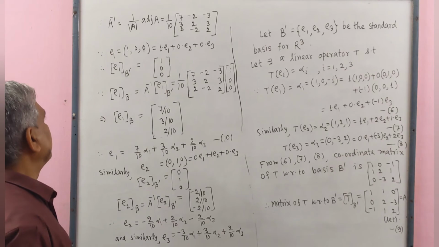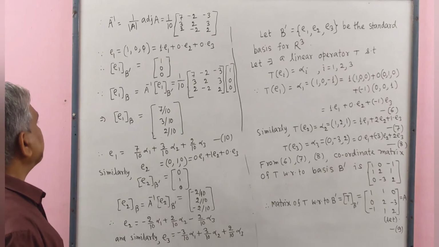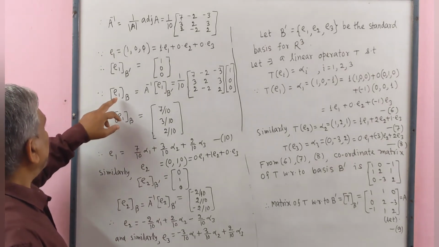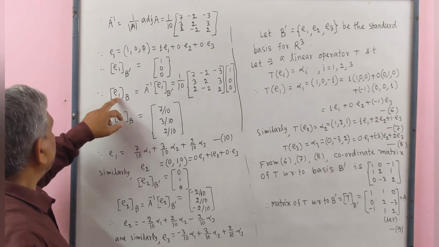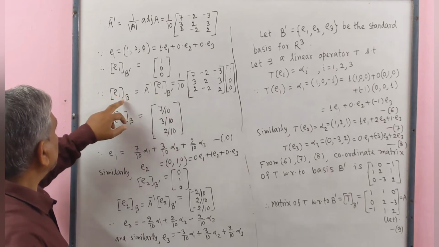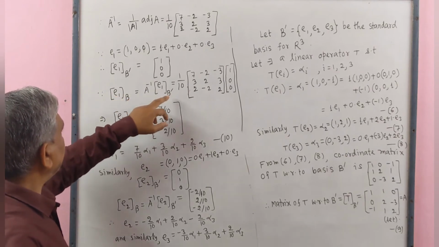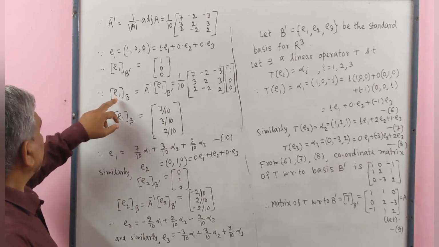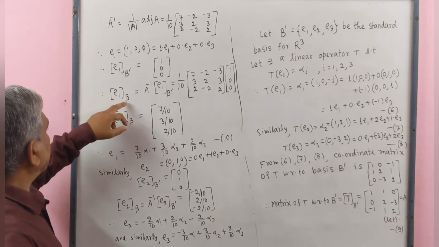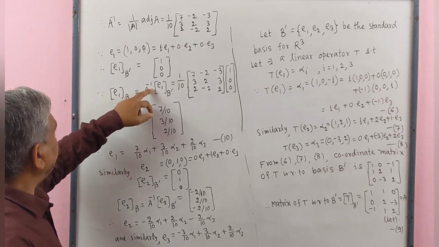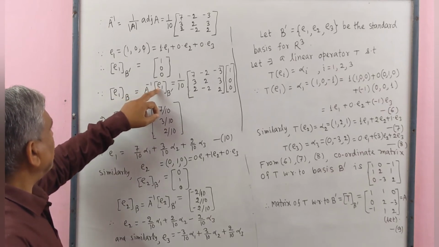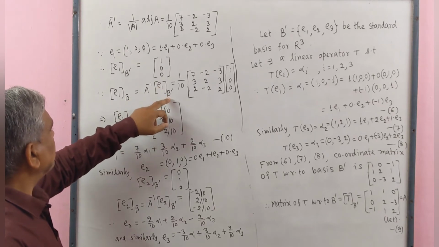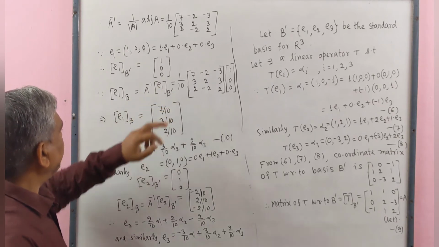We know that the relation between the coordinate matrices of e1 with respect to the two bases B and B prime is: coordinate matrix of e1 with respect to basis B equals A inverse times the coordinate matrix of e1 with respect to basis B prime.